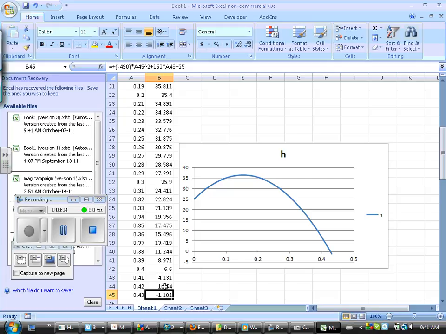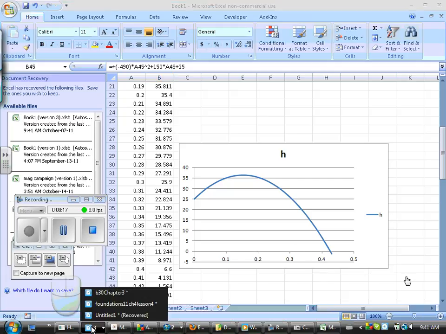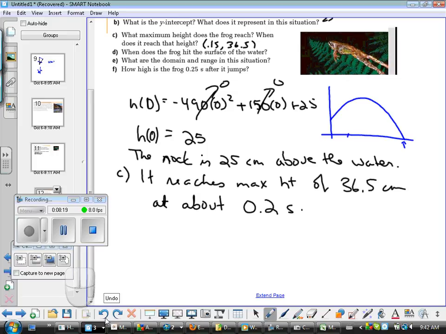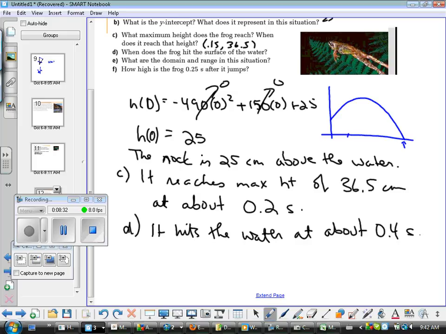So we can go back and just write that as an answer. Okay, so it hits the water at about 0.4 seconds after it jumps.